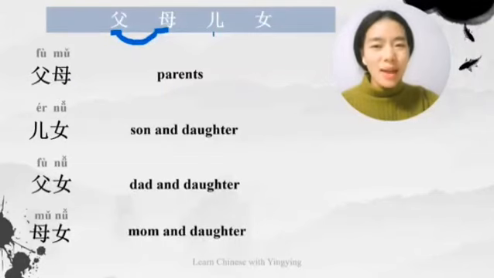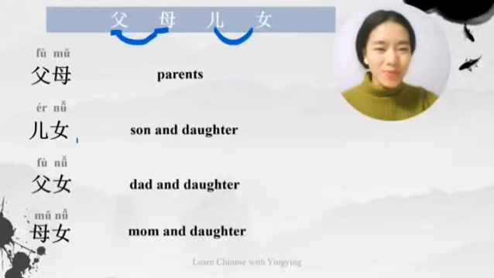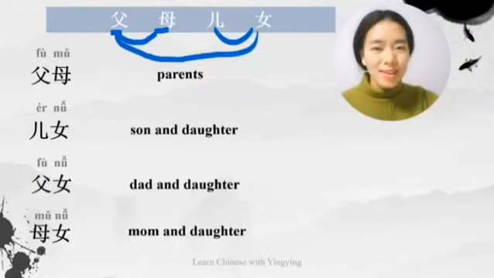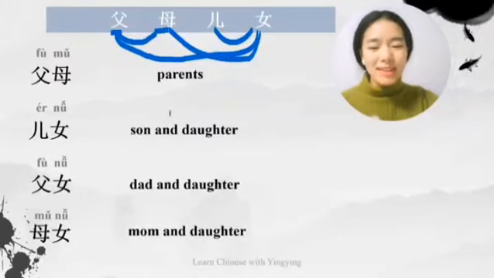The second pair is 儿女. It means son and daughter. The third pair is 父女. It means dad and daughter. The last pair is 母女. It means mom and daughter.